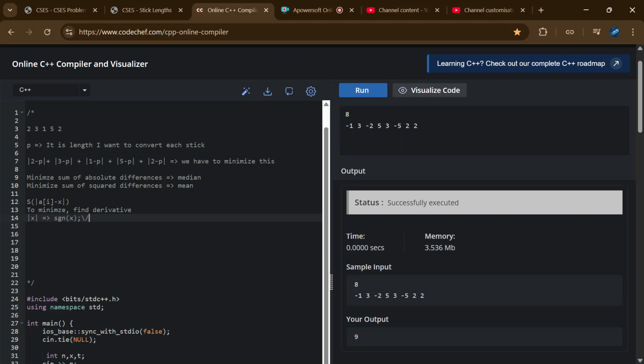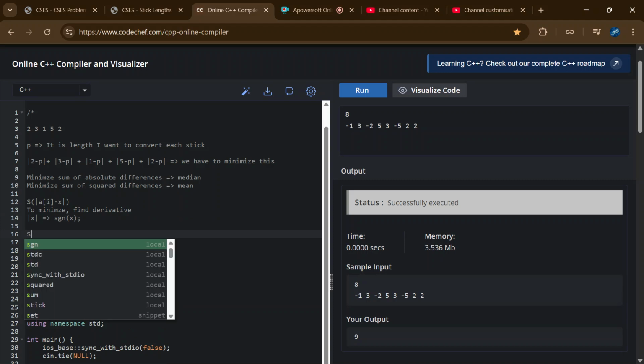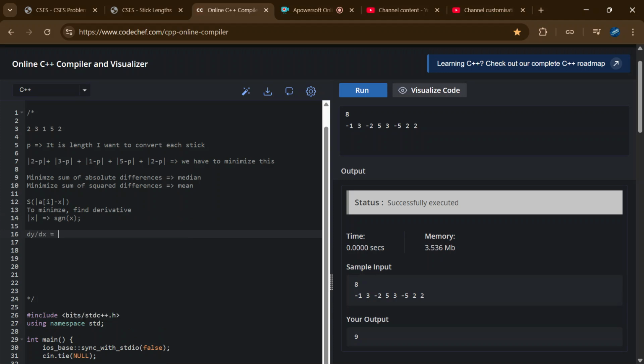So that is the signum function. So the derivative of a of i minus x is the signum of it. I would write dy by dx equals the sum of signum of a of i minus x. And the signum function is -1 and +1, nothing else.